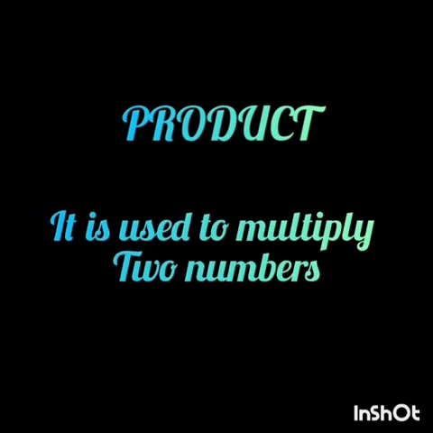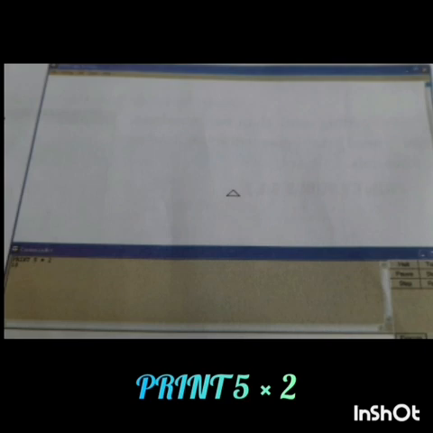For example, print product 5 2. Alternatively, you can use the following command, print 5 * 2. The output result is displayed in the recall list box.